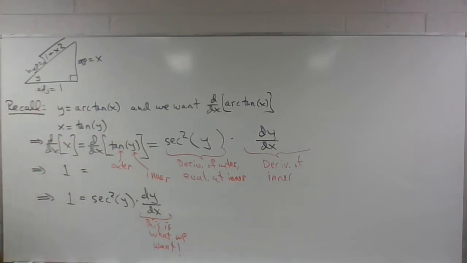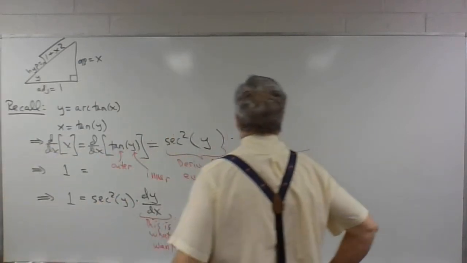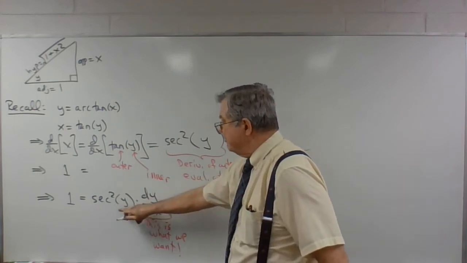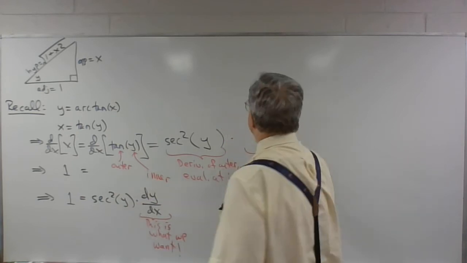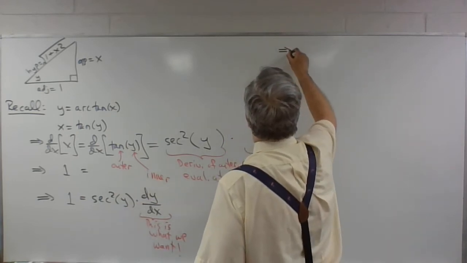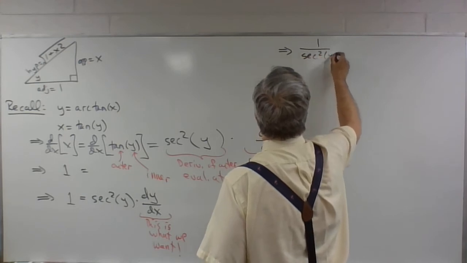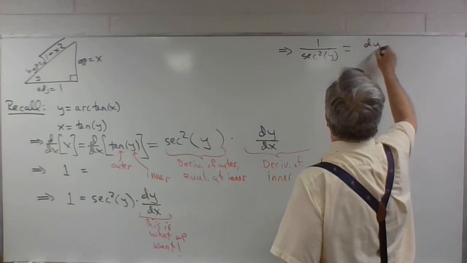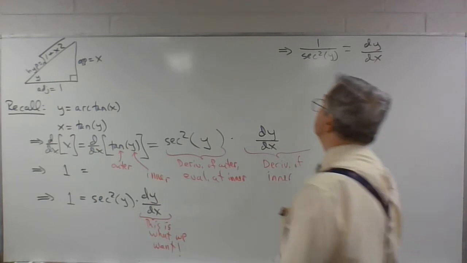So I'm just going to divide both sides of this equation by secant squared y. And I got dy dx.